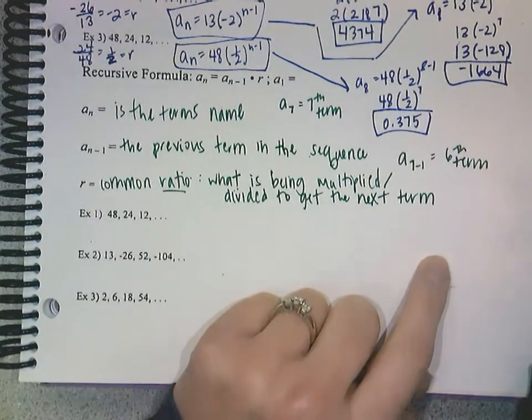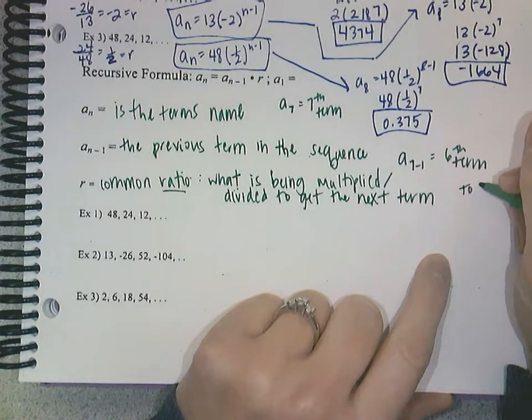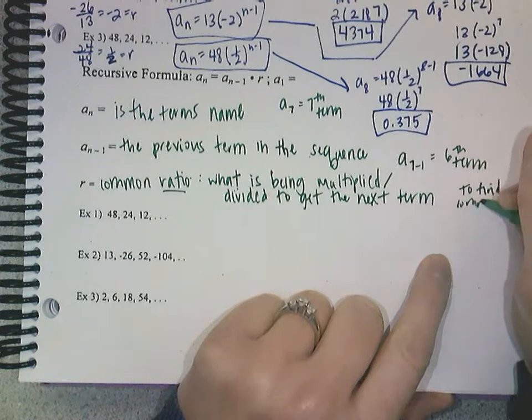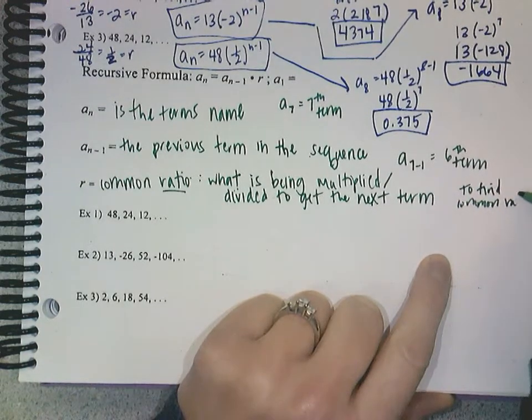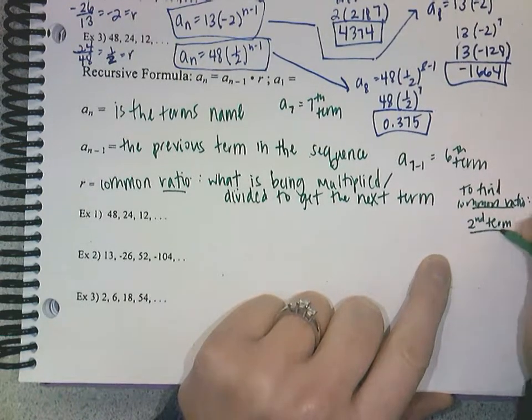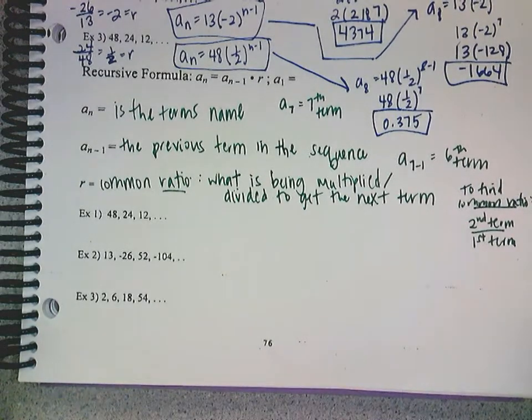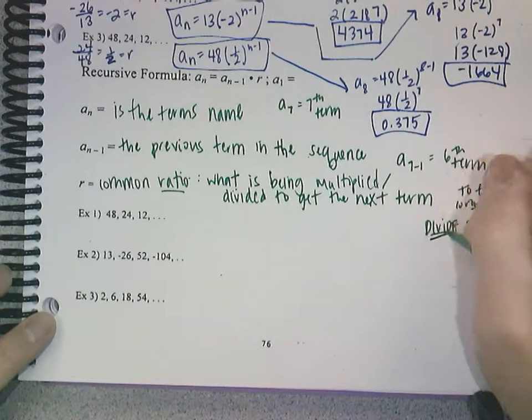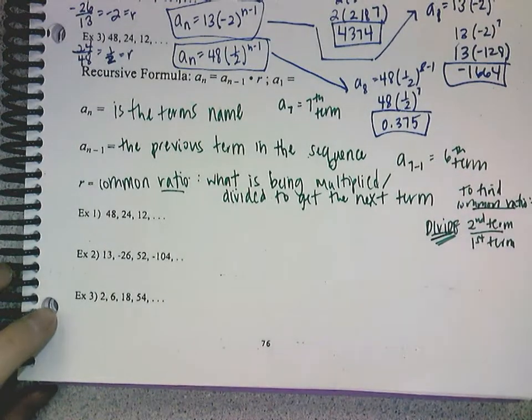And remember, to figure out what the common ratio is, we're going to do the 2nd term divided by the 1st term. Okay, so divide. Don't forget it.